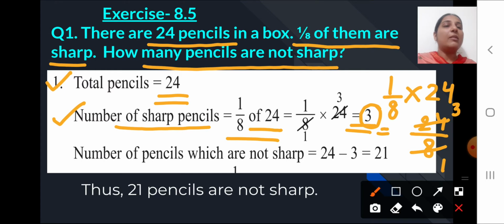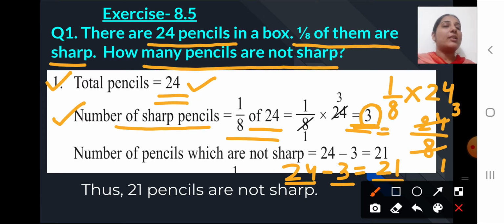If we subtract the number of sharp pencils from the total pencils, we can easily get the number of pencils which are not sharp. So total 24 pencils were there, out of which 3 are sharp. How many are not sharp? We will subtract. So we will get here 21. So 21 is the answer.